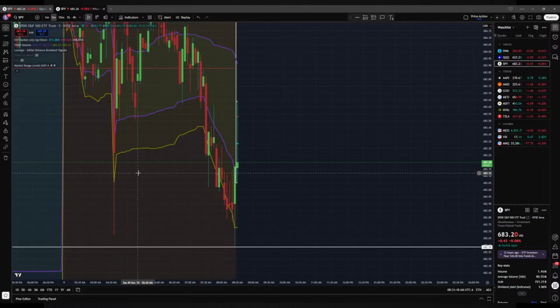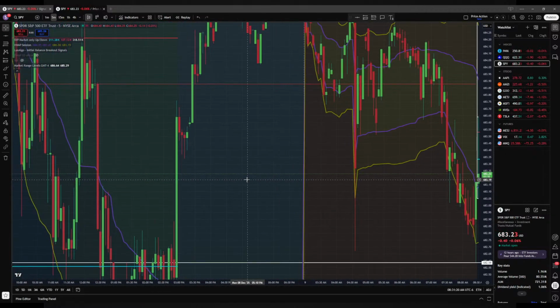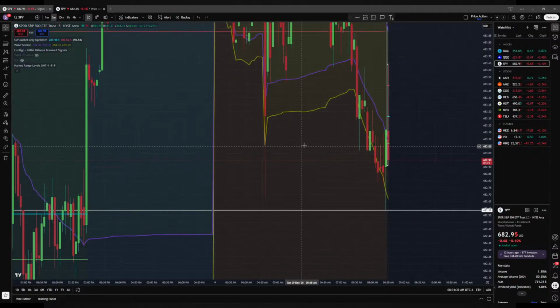Just some balancing happening here. Just looking back to yesterday to see what we did around this price. Bounced a little bit around this price yesterday. I mean, not exactly at this price, but just back and forth.